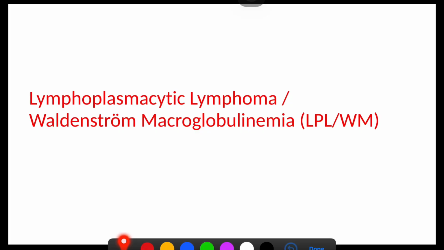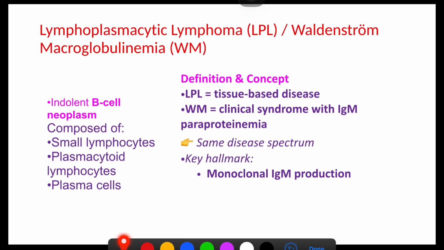Now, lymphoplasmacytic lymphoma, which is another pattern which shows mononuclear cell pattern and associated with Waldenstrom macroglobulinemia. So, here it is indolent B cell neoplasm composed of small lymphocytes, plasmacytoid lymphocytes and plasma cells.